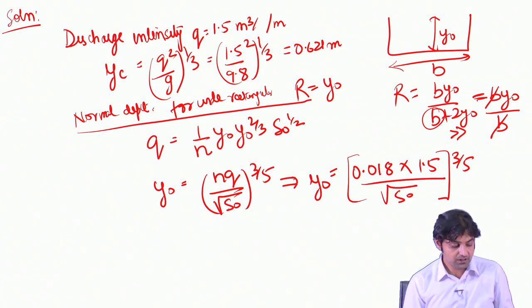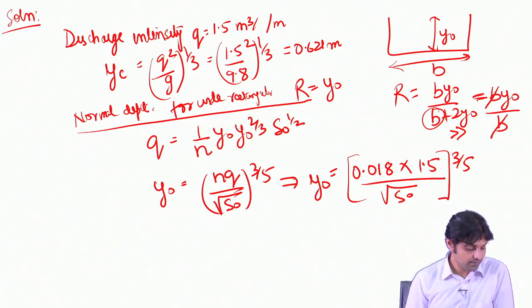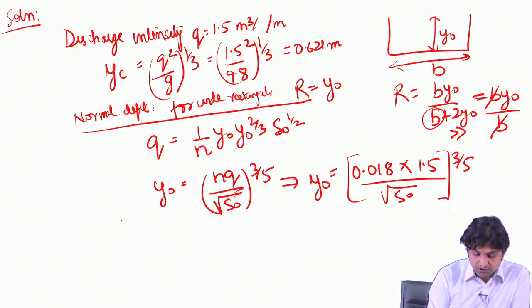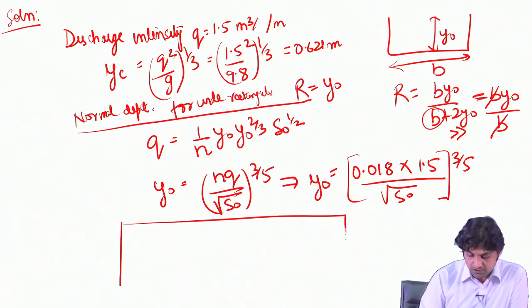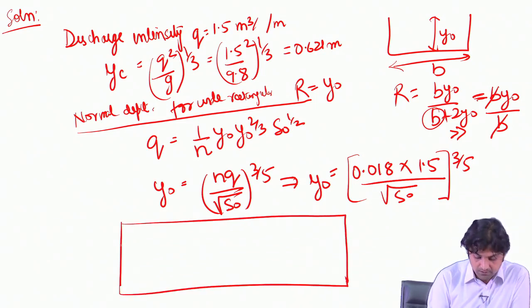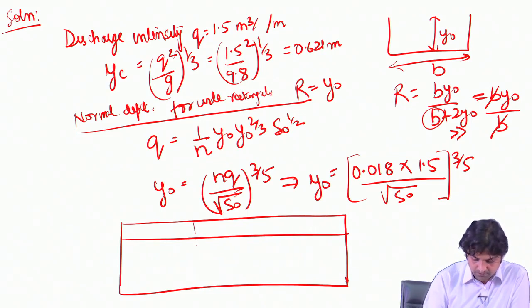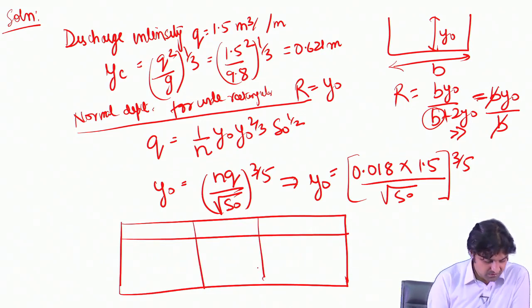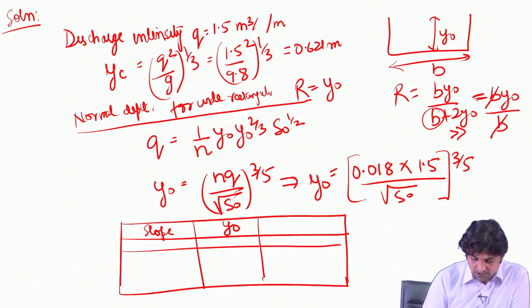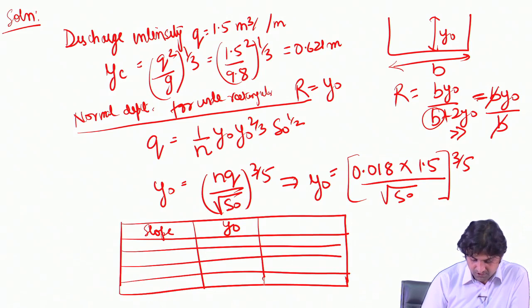So actually we can draw a table here that says slope and y naught, 1, 2, 3 and 4.